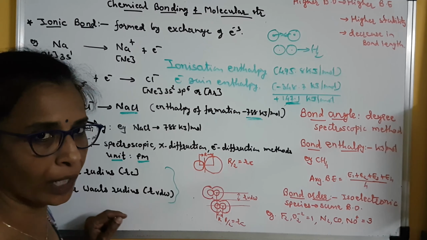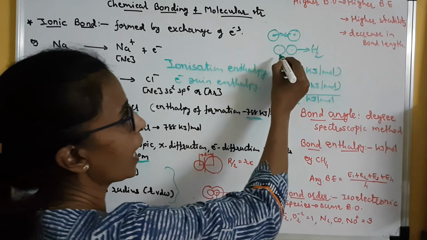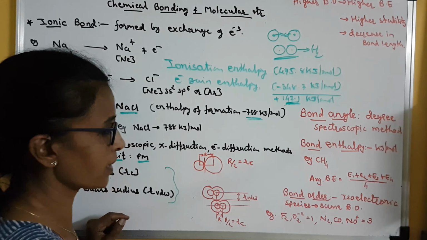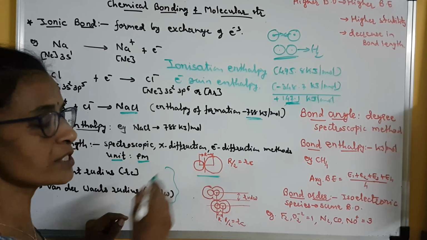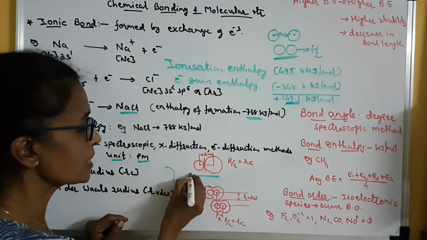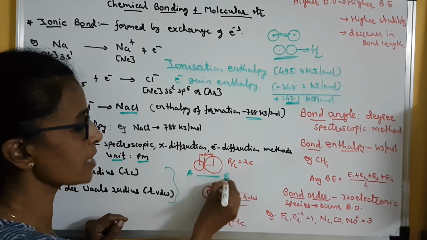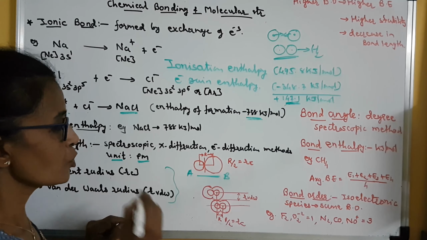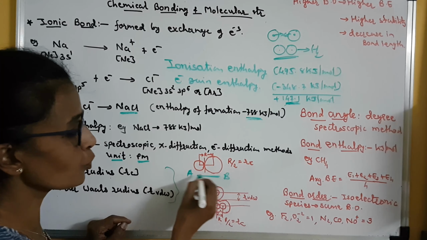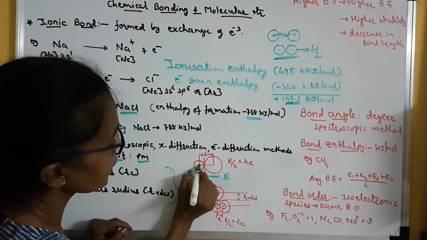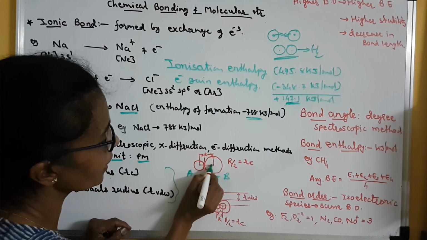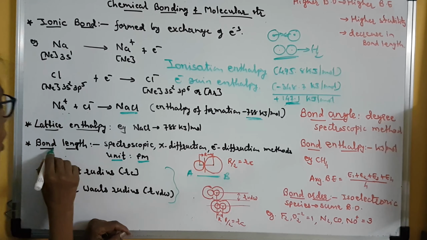Suppose we have a molecule in which either identical atoms or different atoms are there. You can see here there is a difference in the size of atoms. Suppose this is atom A and this is atom B. Clear? So here when these two different atoms unite to form a molecule, then the distance between their nuclei is called bond length.